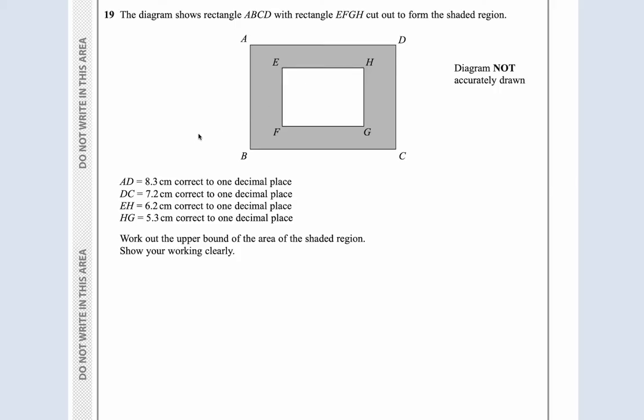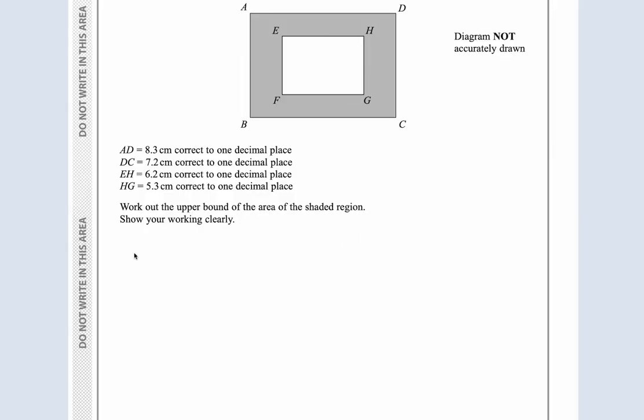So what I do is I get my 8.3. Now we're going to do all of these separately. So let's do our 8.3. It gets a number line. I have my 7.2, it gets a number line.